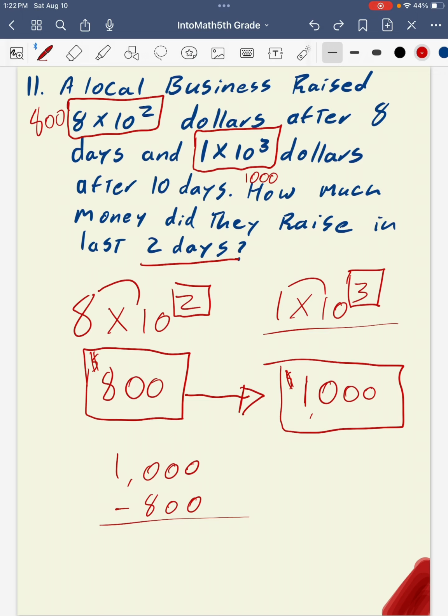So as I subtract 0 minus 0, 0 minus 0, I borrow or regroup my thousands into my hundreds place to have 10 hundreds minus 800 leaves me with a difference of 200. The company earned $200 in the last 2 days.